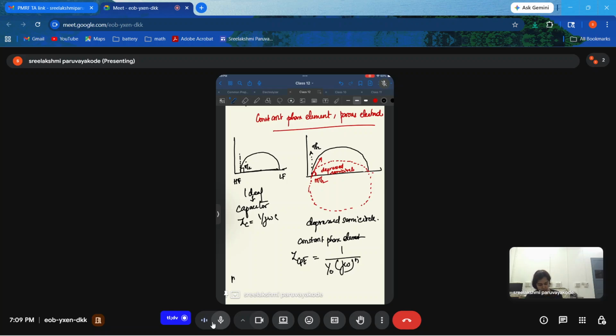So n value can be anything, it can be 0, it can be 1, it can be -1, it can be 0.5. So what happens when n equals 0?